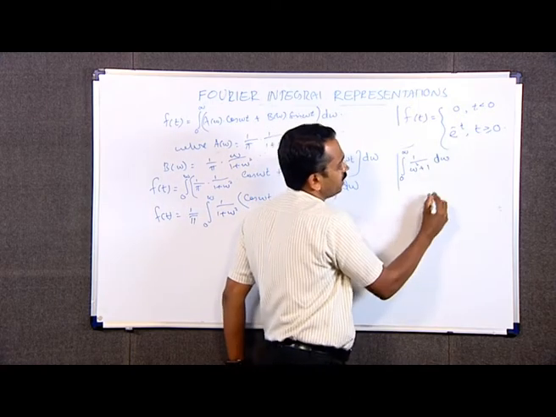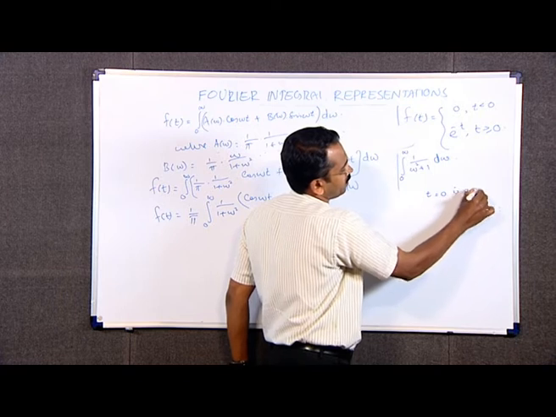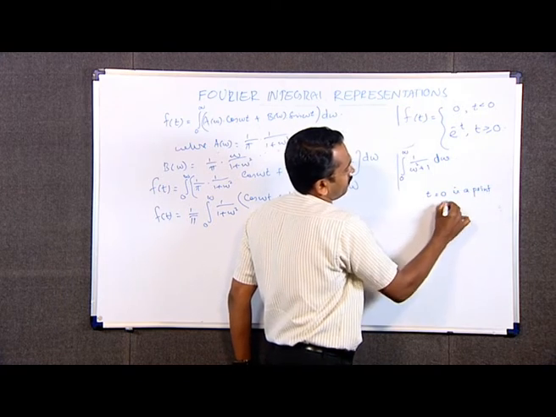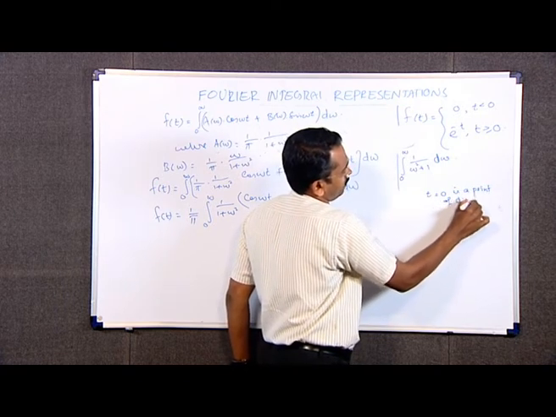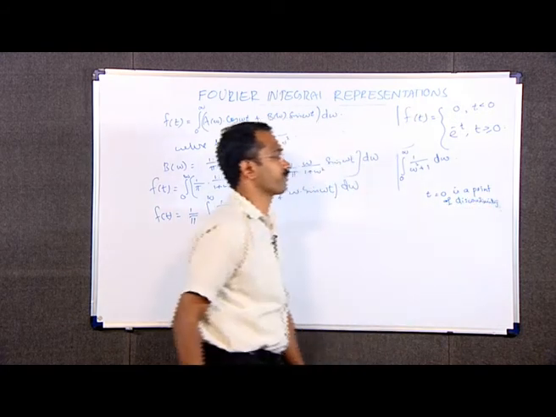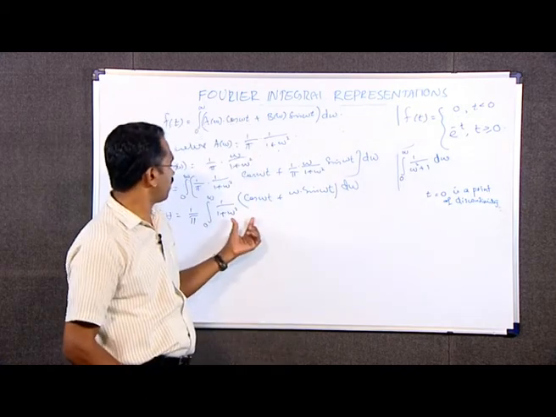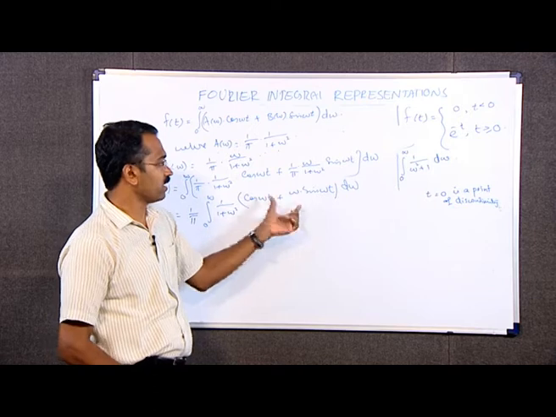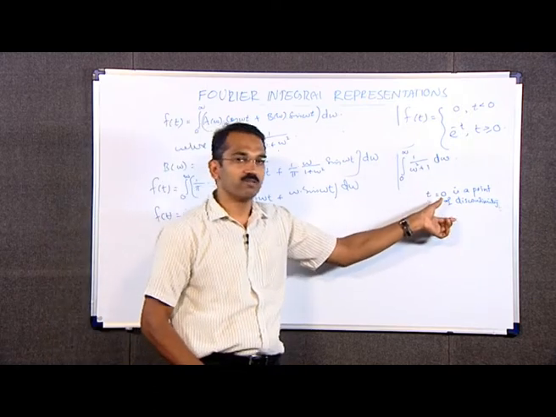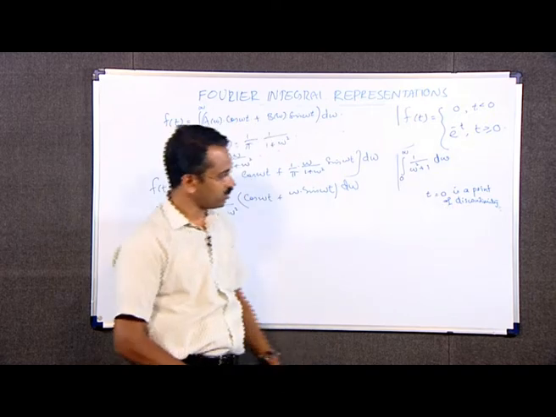Therefore, t equal to 0 is a point of discontinuity. In this case, we can write the value of this integral as the average of right hand limit and left hand limit at t equal to 0.